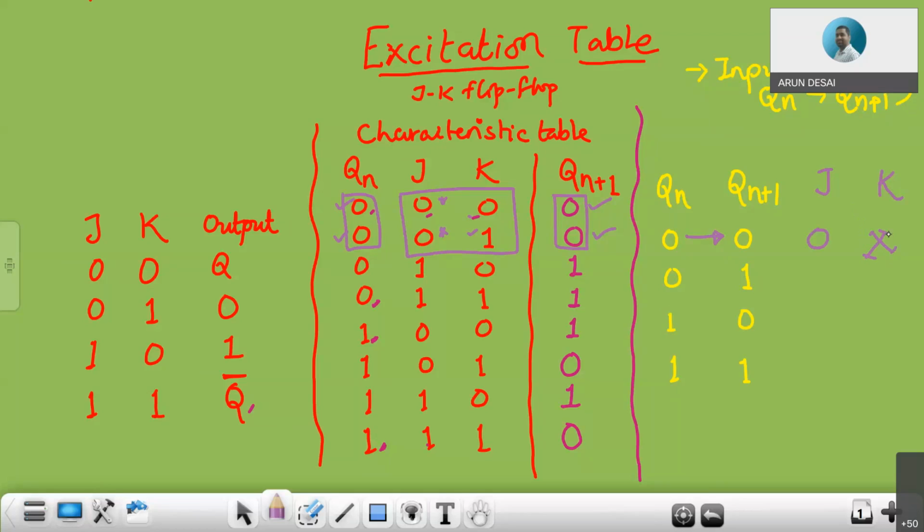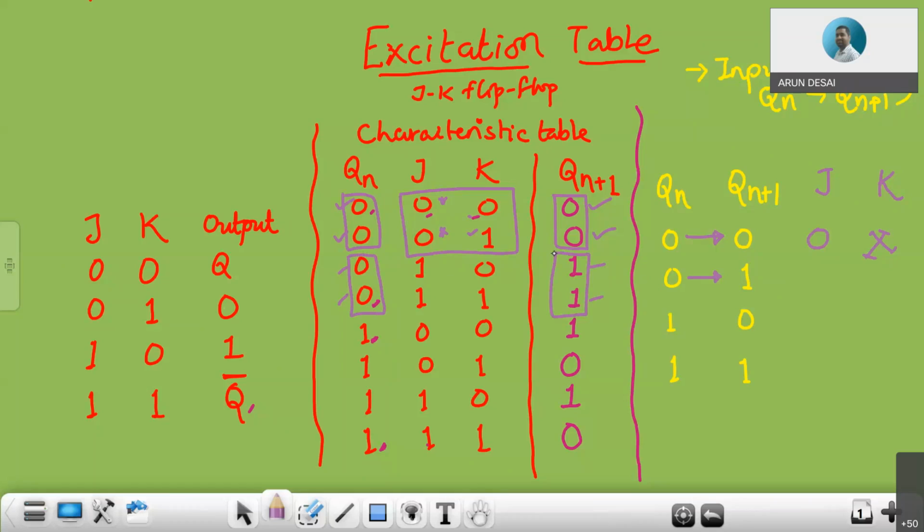Now next, my current output is 0 and my next output would be 1. So that combination we need to find, right? So here 0 is my current output, 1 is the next output. 0 is again the current output, and the next is 1, right? So this combination. Basically, those two are the only combinations available.